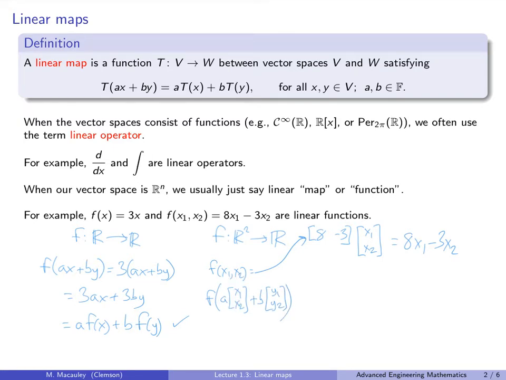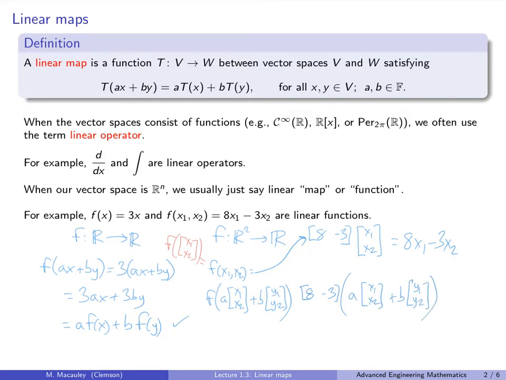So for example, this I'm thinking of as f of x1, x2. Okay? So let's compute this. This is equal to 8, negative 3 times a times x1, x2 plus b times y1, y2.